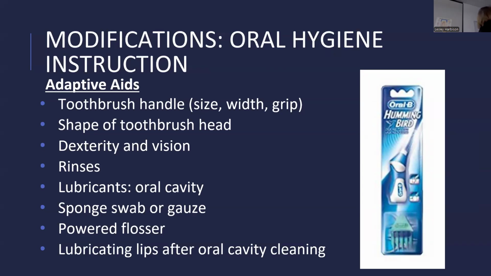So all of those things, power flossers, swabs to swab out food that could be in the vestibule, the different rinses, avoiding anything that's drying, so alcohol, anything that stings or burns. Having them use something that's more lubricating and maybe has some fluoride in it or something along those lines. So all of those adaptive aids and what the patient can use.